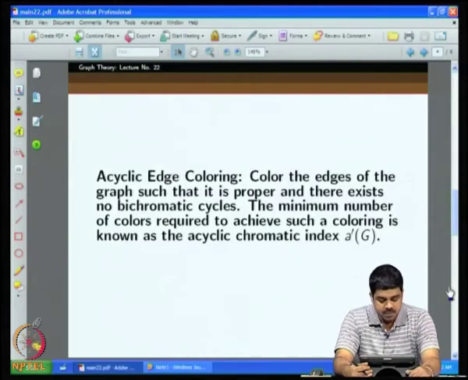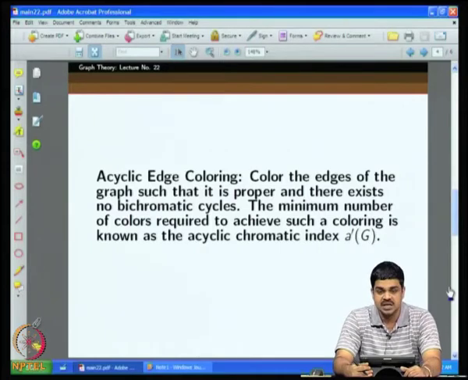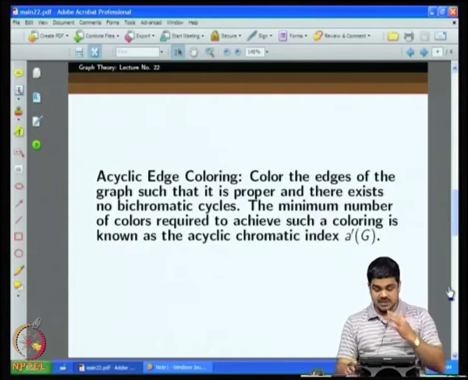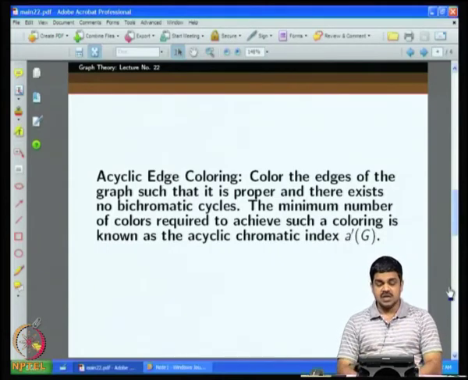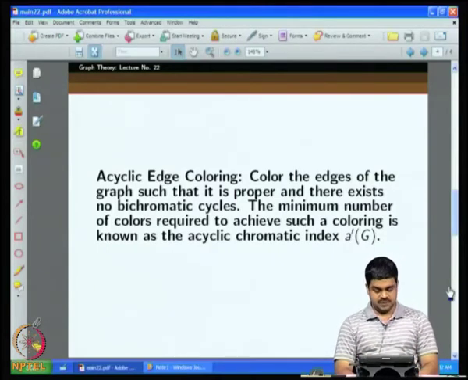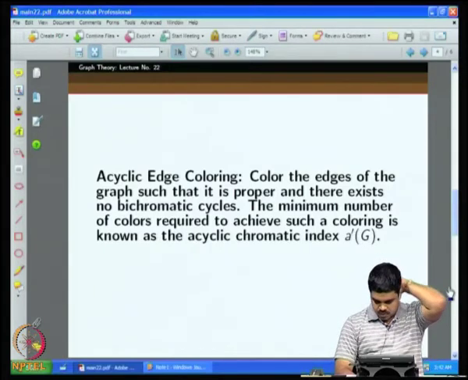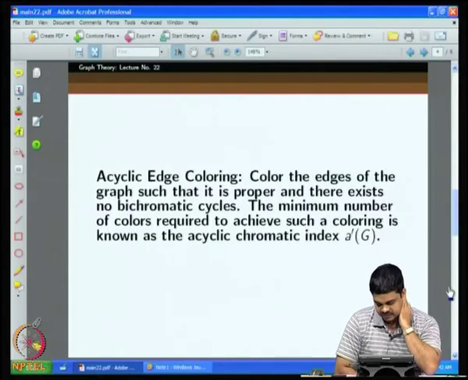The minimum number of colors required to achieve such a coloring is known as the cyclic chromatic index, a dash of G.